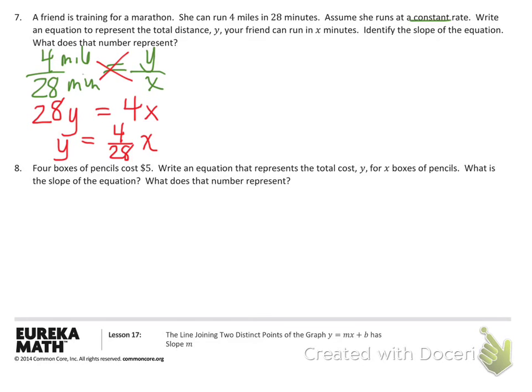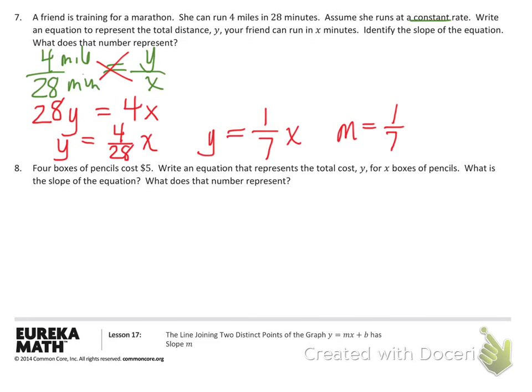I can simplify that if I want, 2 over 14 times x, or I could simplify it even further and just call it 1 over 7. Okay, so identify the slope of the equation. The slope m equals 1/7.